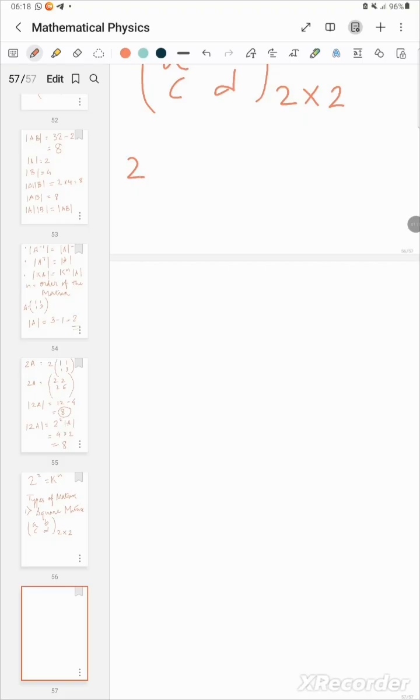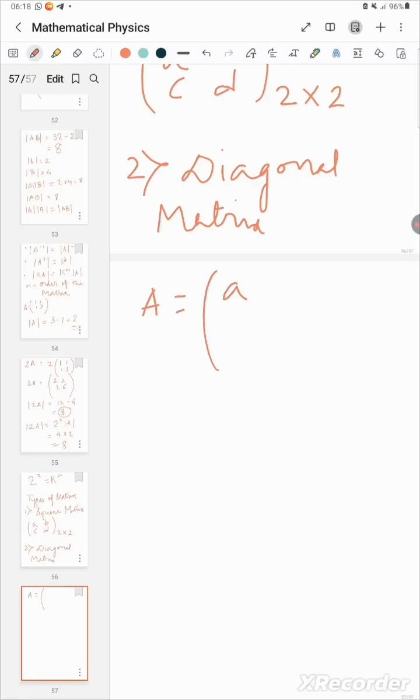Next variety of matrix being diagonal matrix. So what is a diagonal matrix? If the non-diagonal elements of a matrix are all 0, then the matrix turns out to be a diagonal matrix. For example, A, D, rest all being 0, this will be a diagonal matrix for a 2 cross 2 matrix.